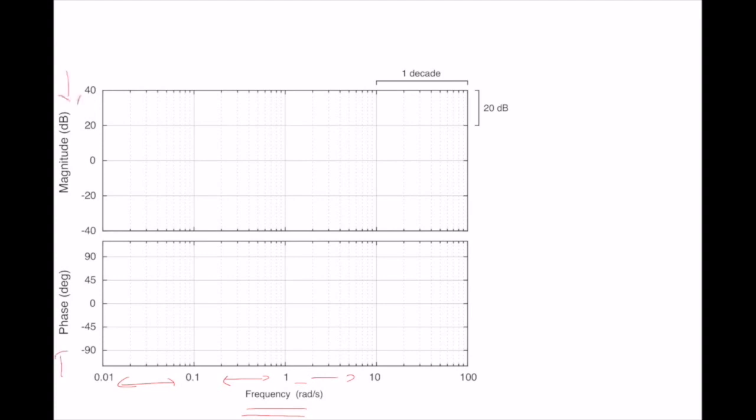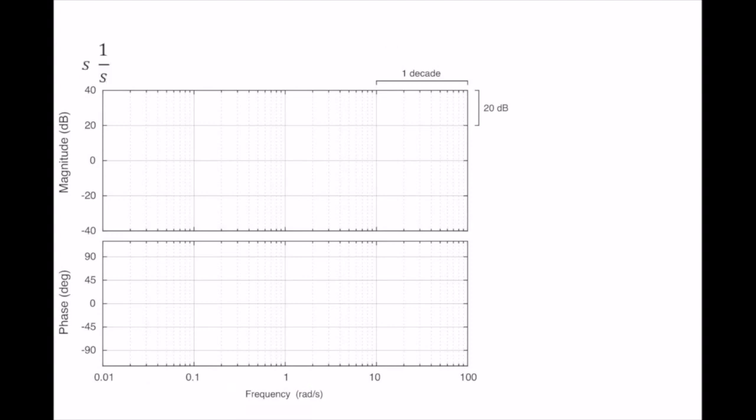This is a decade, the most fundamental unit in the frequency axis, and this is 20 decibels, which is the most important interval in the magnitude scale. We will try to relate the Bode plots in terms of decades and decibels, compare them, and talk about, for example, design criteria based on decibels and decades.